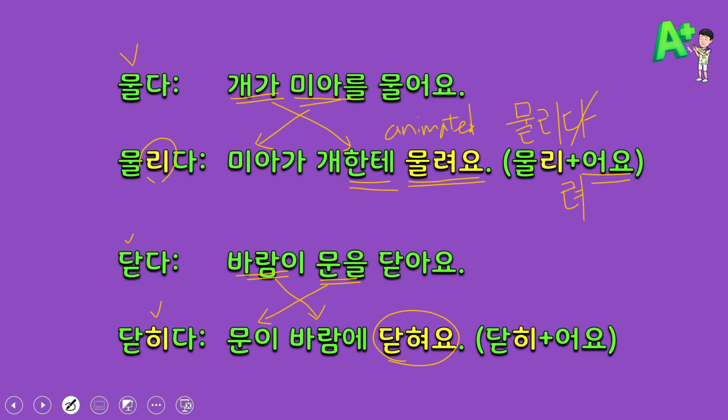You might be wondering, how come here 에 is used, not 한테? Well, 한테 is for animated nouns, and 에 is for inanimated nouns.